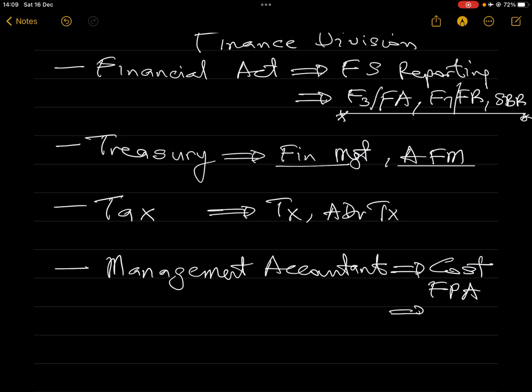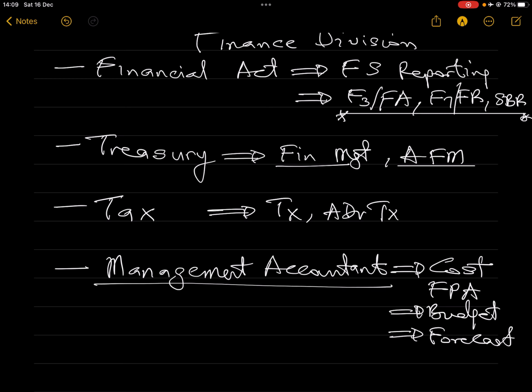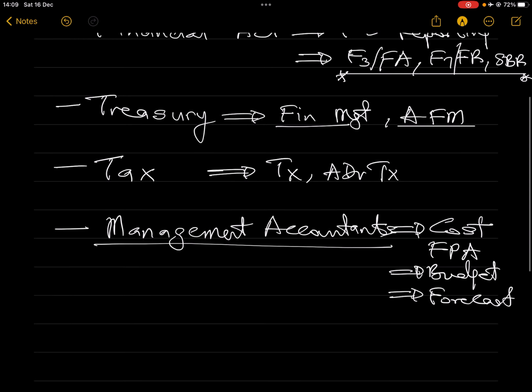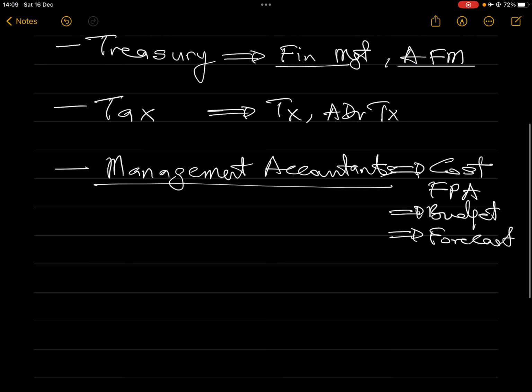They also do budgeting. In an organization, they prepare the budget and the forecast, and do a lot of analysis. These guys are called management accountants. And ladies and gentlemen, this is where this paper fits: we're looking at the management accountant space.